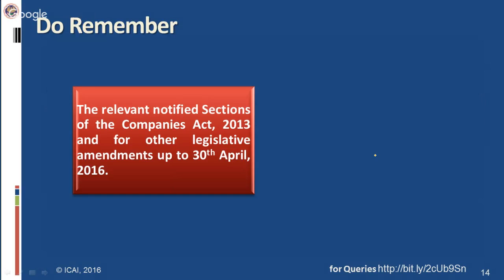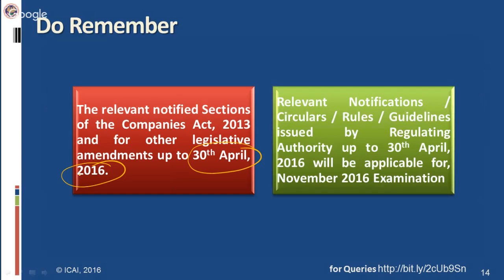The cutoff date is 30th April for the November 16 examination, a time span of 6 months. Afterwards, if suppose on 10th May or 5th May some notification has come, that notification is not applicable.